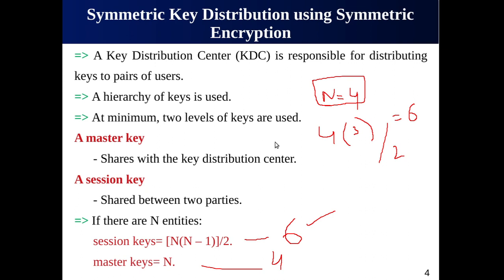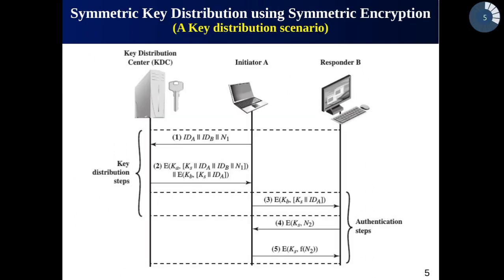Now let us consider a simple key distribution scenario. As we talk about key distribution schemes, let us see how it actually works. Now remember, the main topic is how we can use symmetric encryption for symmetric key distribution. Symmetric means one key, so both for encryption and decryption, we are using the same key, and we need to securely deliver this key to two communicating parties.